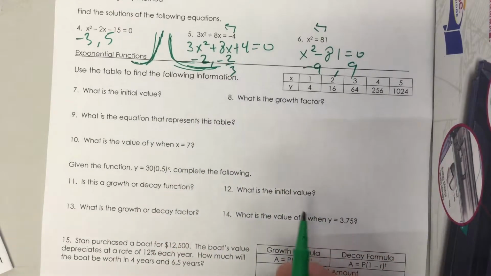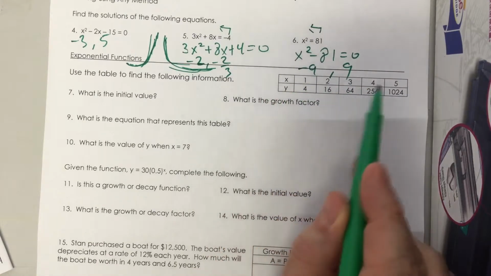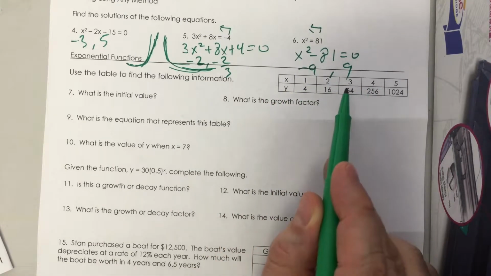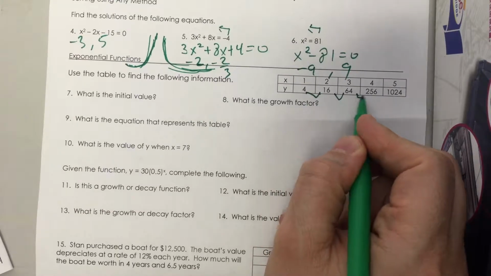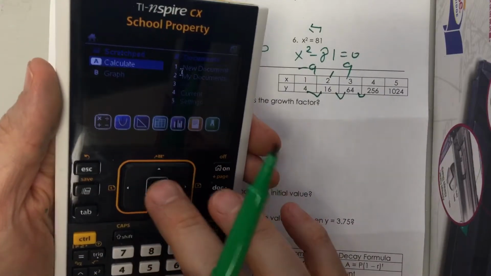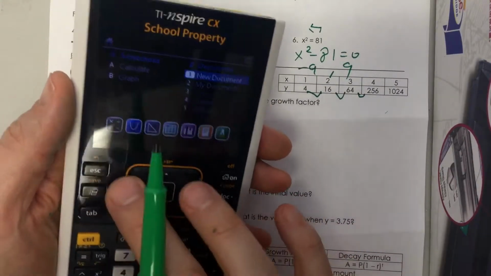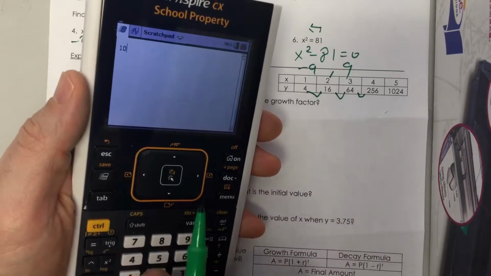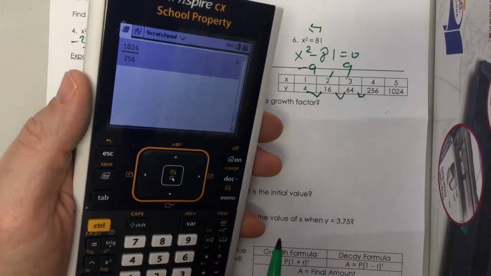Now the growth factor, we know from exponential functions they move by multiplying each time, whereas linear moves by adding each time. Here, you can work backwards. For example, I could start here, and I could do 1024 divided by 256, I get 4.